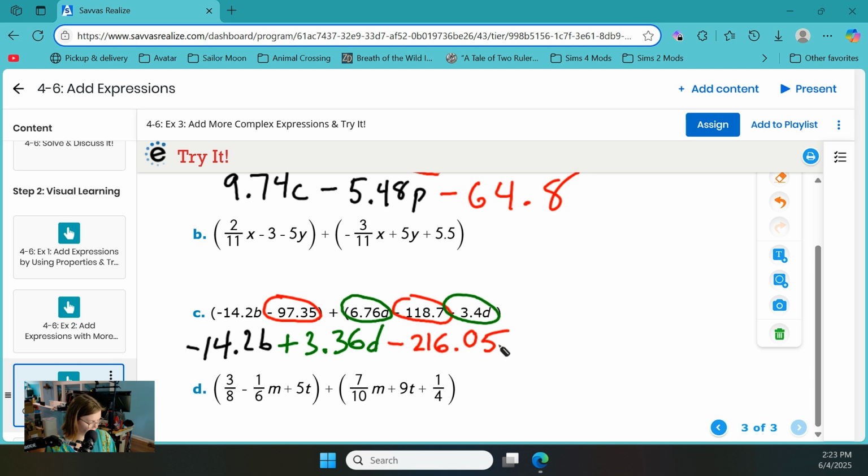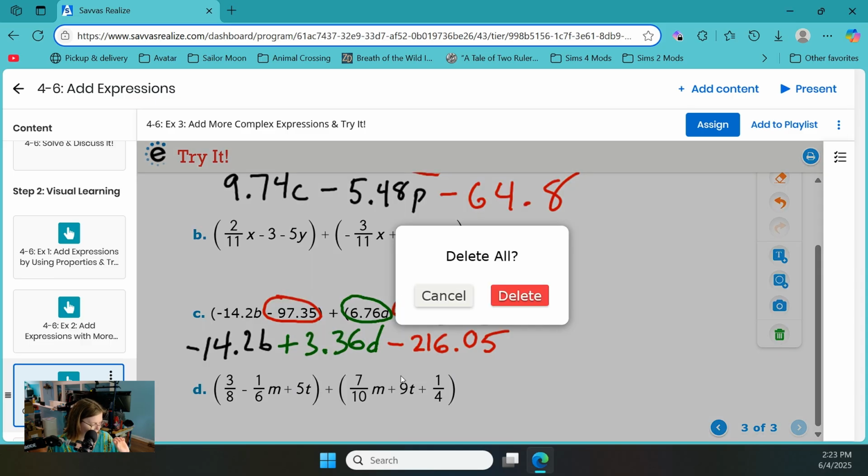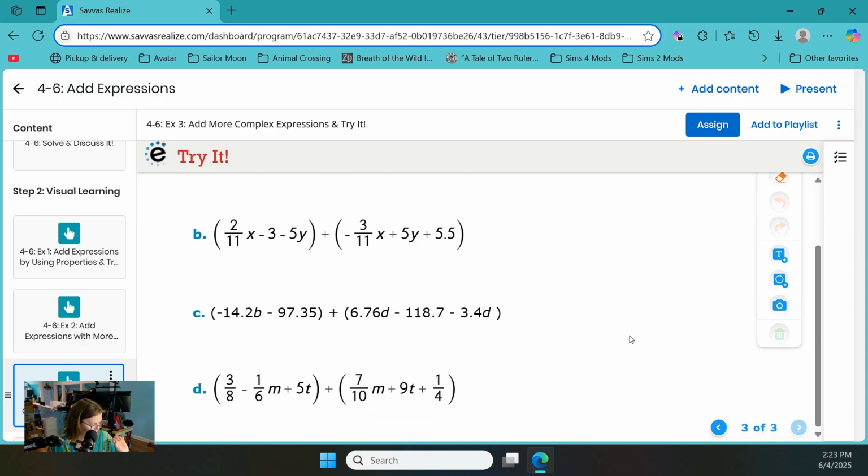I have multiple constants, I have multiple m's, and I have multiple t's. Now, one strategy that's really nice when you have multiple of everything, and you can do it even if you don't have multiples of everything in the expression, you'll just have some little holes in it, is you can set up your expression vertically. So I'm going to erase what I've written, and that way I'll have more room.